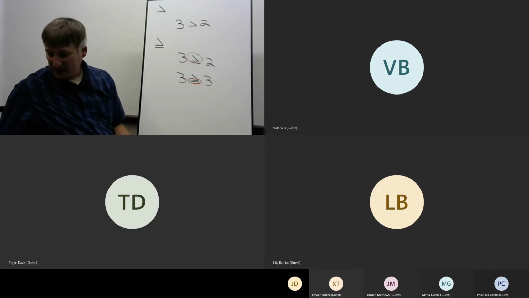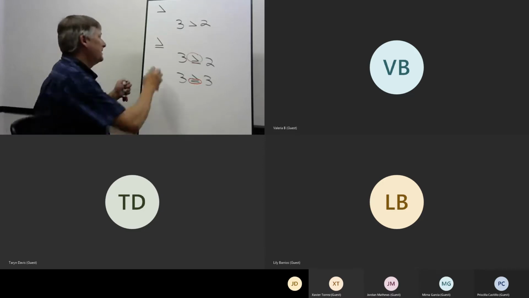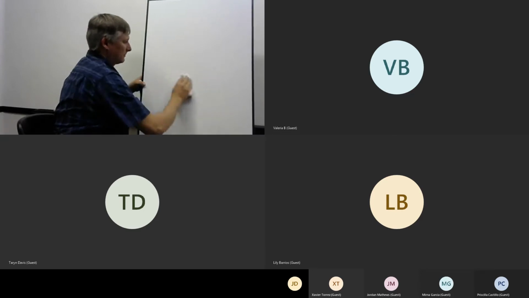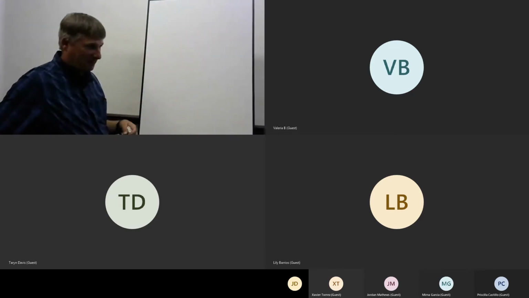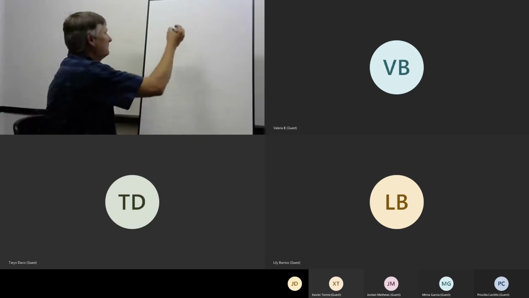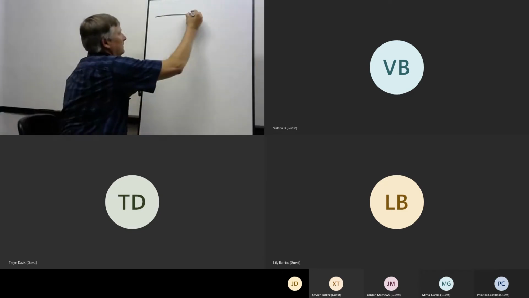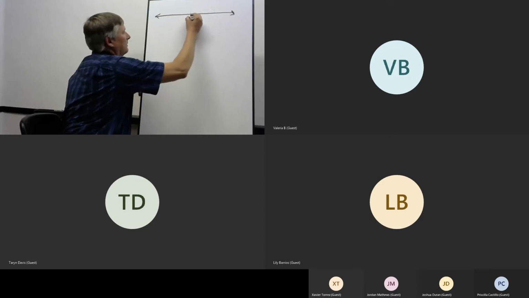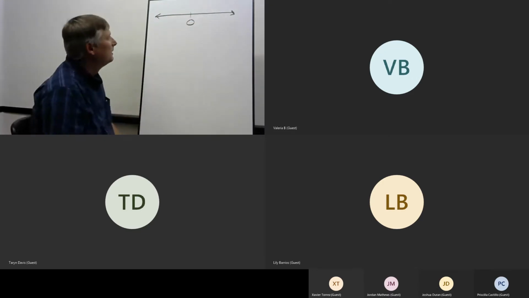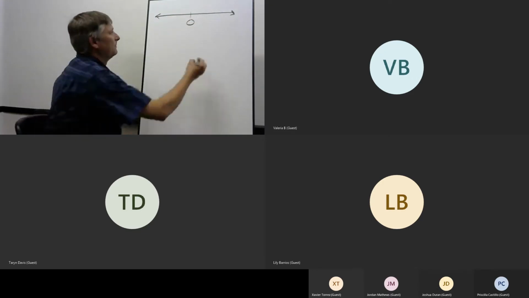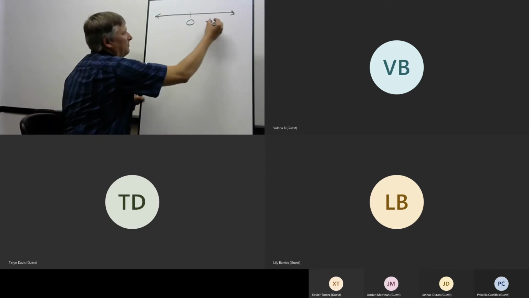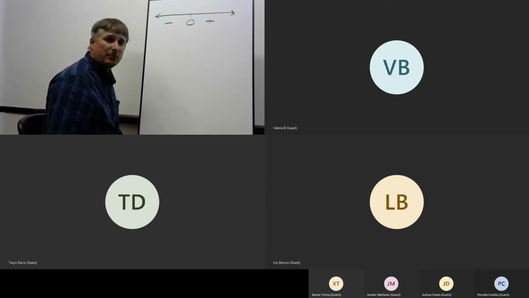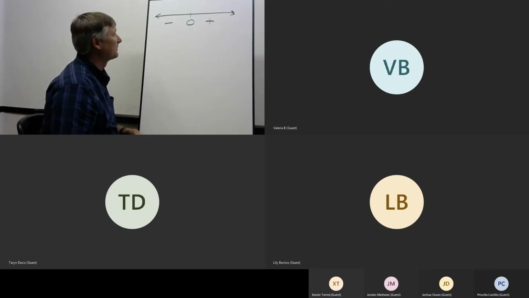Now you want to be kind of careful with negative numbers. These can only kind of throw you off. So if we have our number line, we have positive numbers to the right of 0, negative numbers to the left of 0.